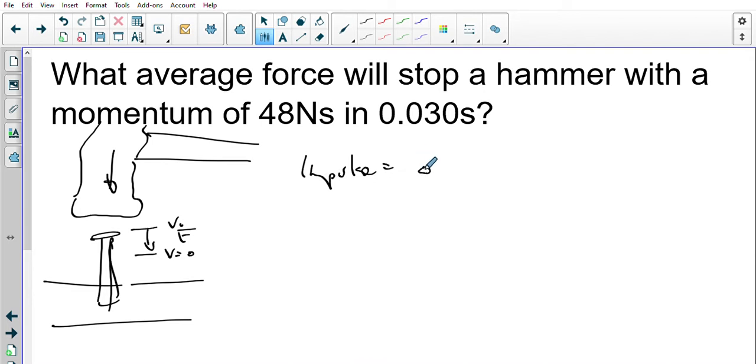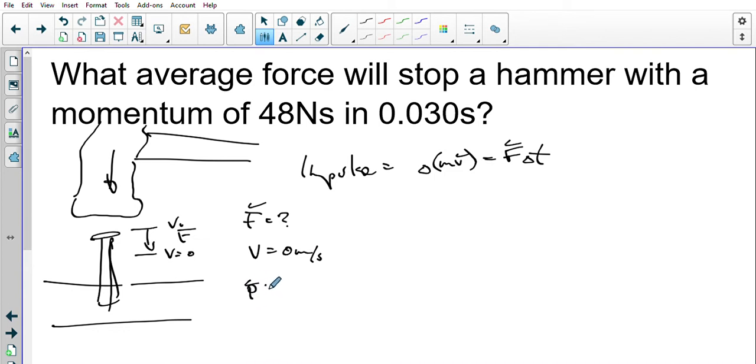All right, so impulse is equal to our change in momentum, and that is equal to our force times our time. So the question is, what average force? So F is what we're looking for. We'll stop a hammer, so V is equal to 0 meters per second, with a momentum of 48 Newton seconds.